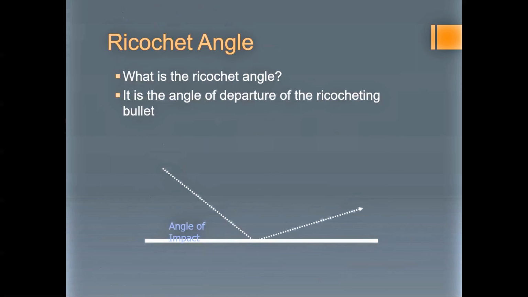Now the bullet strikes the surface, it might travel down the surface a little ways and then decide to depart, depending on the configuration of the bullet and all those variables that we talked about, the substrate type and all that. So here we have an angle of impact, and then a bullet departing the surface at a lesser angle. You can see this is a greater angle than this angle right here, right? So that's our ricochet angle. So we have our angle of impact, we have a critical angle, and we have a ricochet angle.